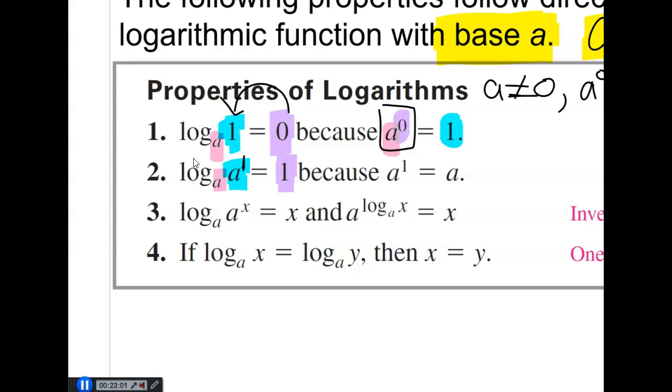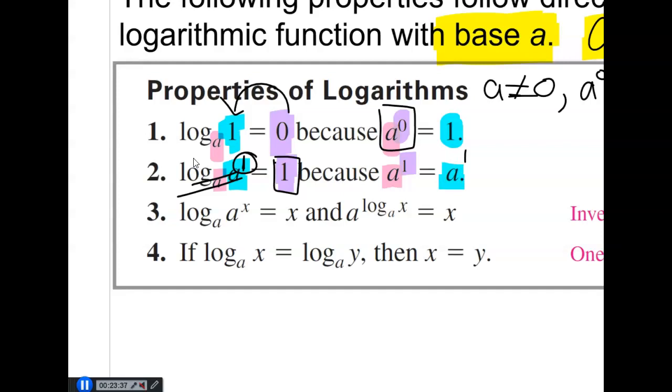So it's like you cross this out, it cancels each other out as long as they are of the same base. If the argument and the base are the same number, then you just take whatever is the exponent of that base. Since we don't have one, we know it's a 1. Now, if we convert that to an exponential expression, it will be A to the power 1 equals A. And we know this is true.